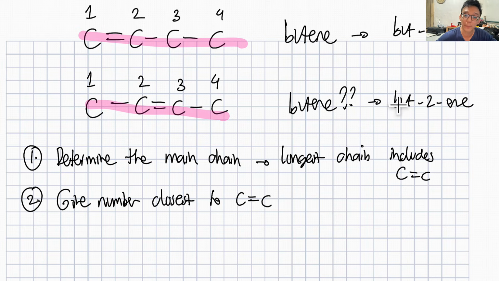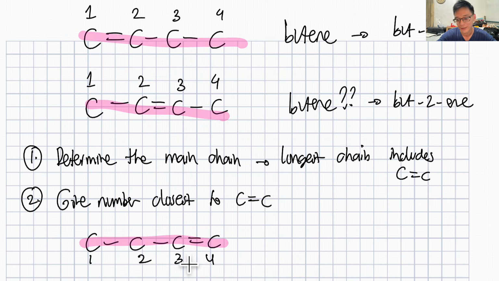We cannot have but-3-ene. Why? Let's try to draw but-3-ene, something like this. You might suspect that this is but-3-ene because you number it 1, 2, 3, 4 like this. But it's actually not allowed, because this does not fulfill the second rule: give numbers closest to the carbon-carbon double bond.